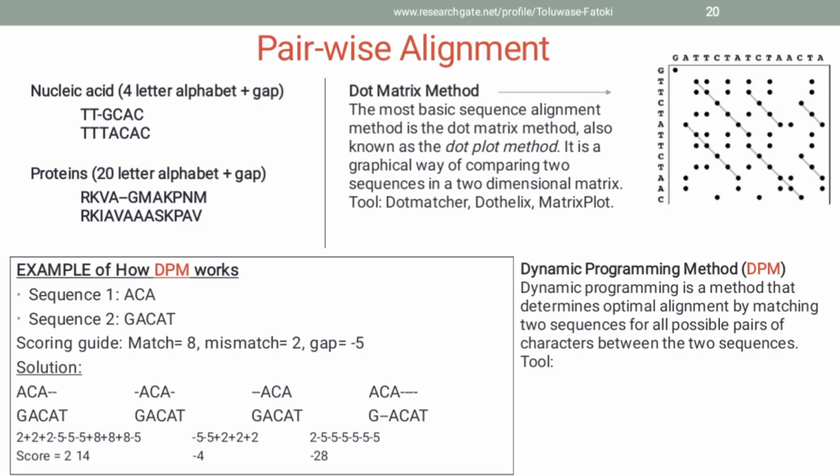Looking at the first one, you have A in the first sequence and G in the second sequence. It's a mismatch, so it has a score of 2. C and A is a mismatch, a score of 2. A and C is a mismatch, a score of 2. Then gap and A is a gap, so it has a score of -5.